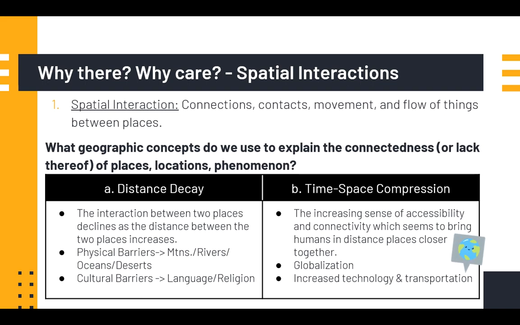If you look at India and China, there are a lot of mountains that separate them. So it's not just distance when we talk about distance decay. Also, cultural barriers like language and religion. If two countries are next to each other and they speak different languages, that is also a decay.